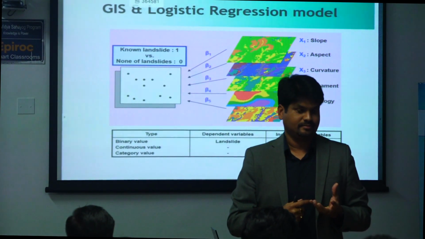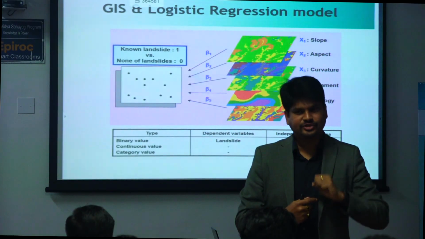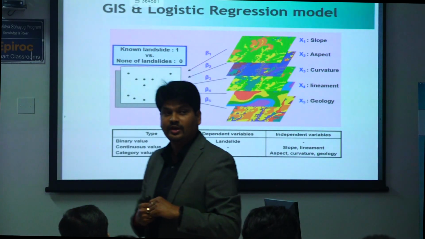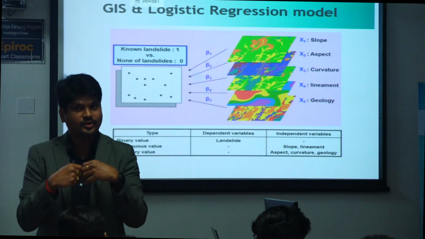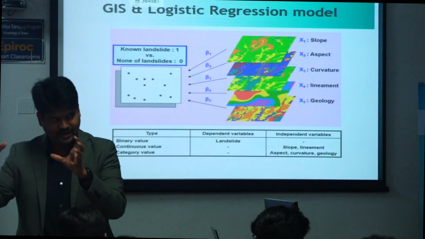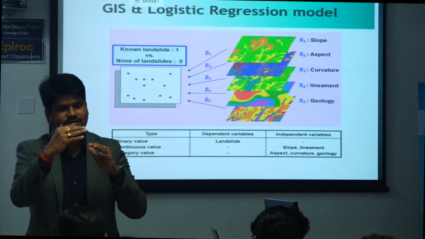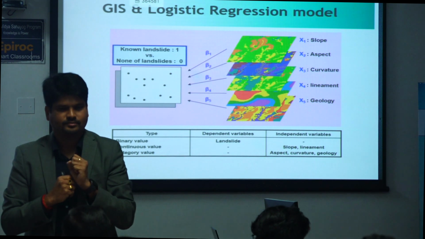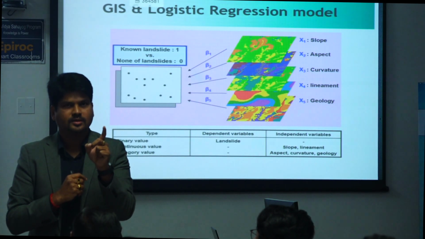And the frequency ratio model didn't give you the weightage of individual variables, because we assume each variable contributed equally. That is why we took the summation of all the variables and finally produced the susceptibility map. In logistic regression, it goes to the next step. It also calculates the weightage of individual variables, especially for the continuous data.